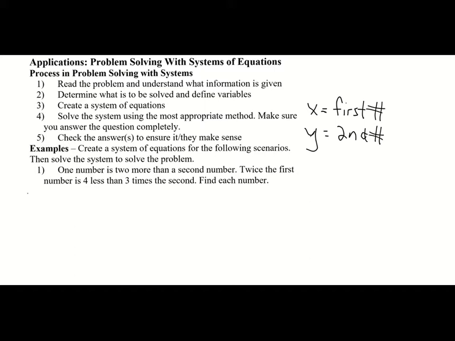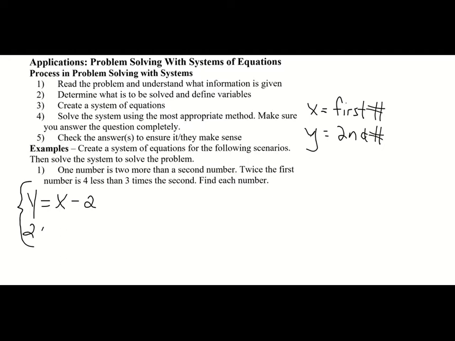So one number, I'm going to say the first number, is 2 more than a second number. So we know that y is the second number, and the first number is 2 more than the second. So to get to y, we're going to take x and subtract 2, because one number is 2 more than the second. So x is 2 more than y. So x minus 2 will give us y. And then for our second equation, we have twice the first number.